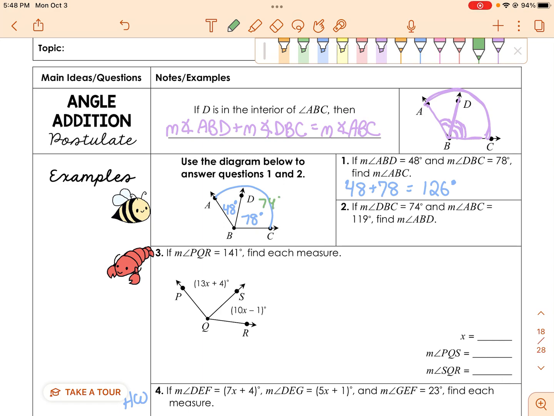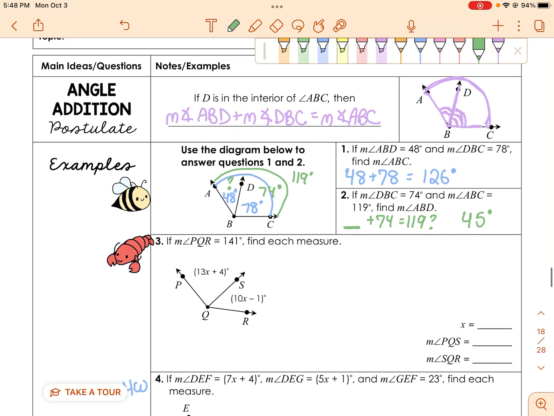So now using the same diagram, now they're saying DBC is 74, but we're ignoring all that blue stuff. ABC, the whole thing they're telling us is 119, and they want to know what's this other little one. So there you're trying to figure out what plus 74 gives you 119. And then the answer for that would be 45 degrees.